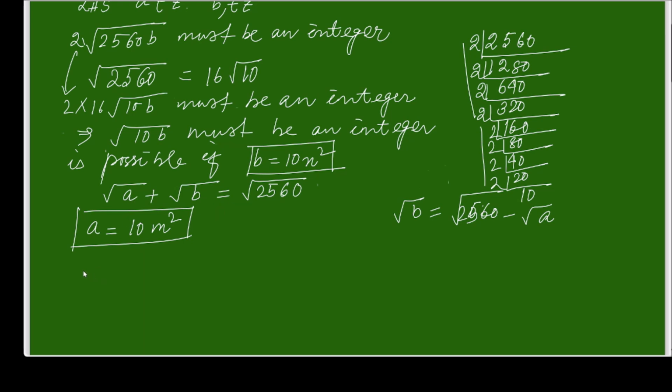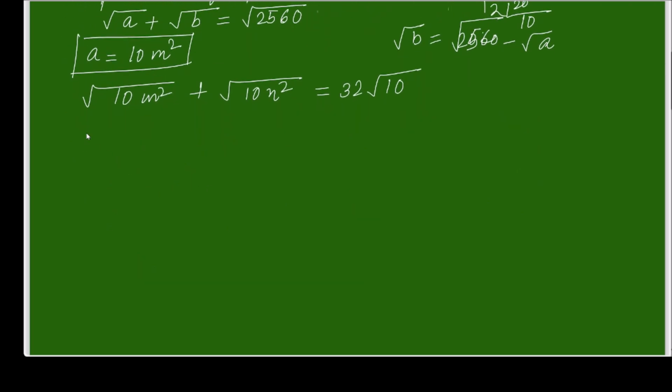So it will be square root of 10m square plus square root of 10n square is equal to square root of 2560, that will be 16 square root 10. Or square root 10 times m plus square root 10 times n is equal to 16 square root 10.